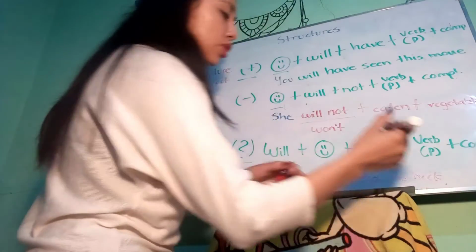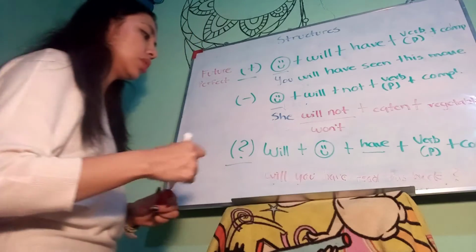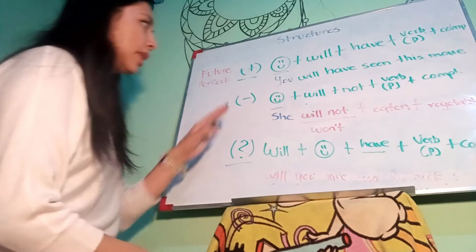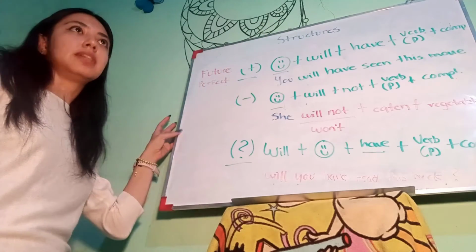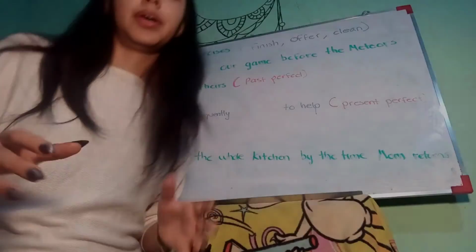Don't forget your question mark. Will you have read this book? Okay, and those are the structures of present, past, and future perfect.